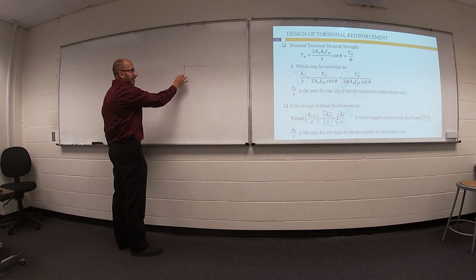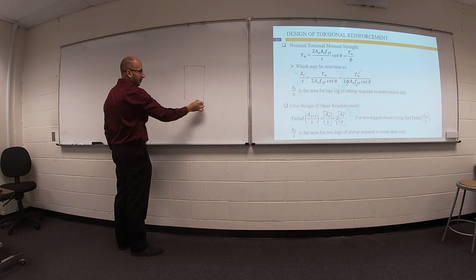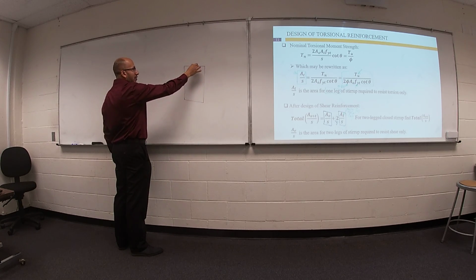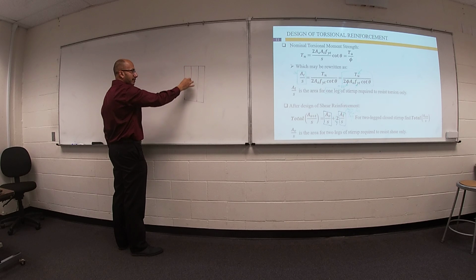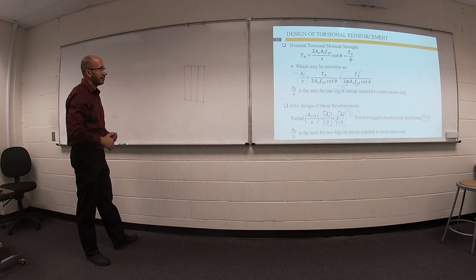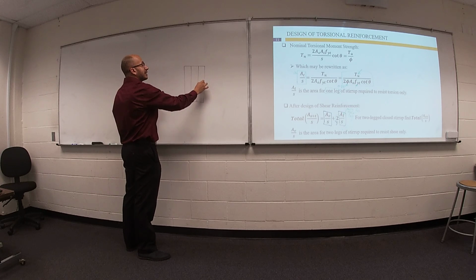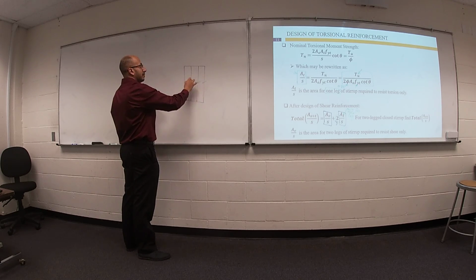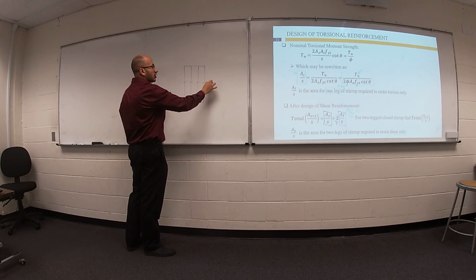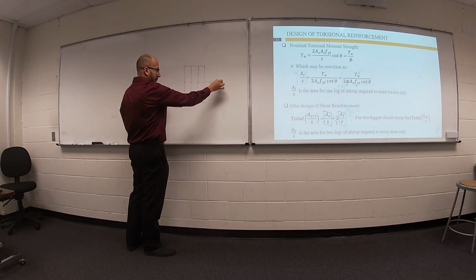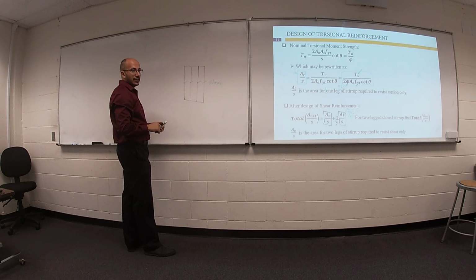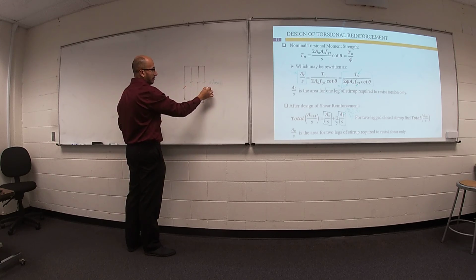If you have a stirrup with 4 legs, all of these legs will support your shear. Only the outer legs will support your torsion.